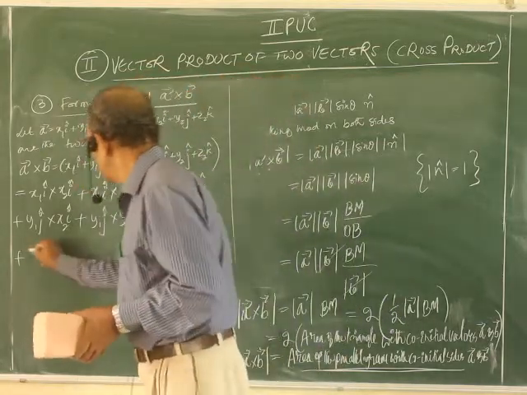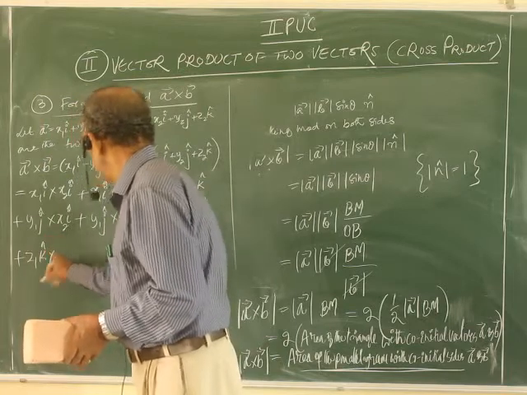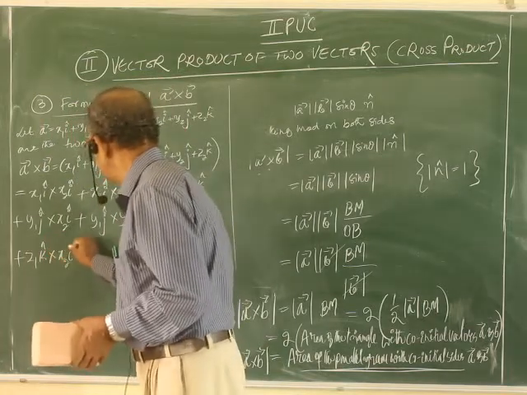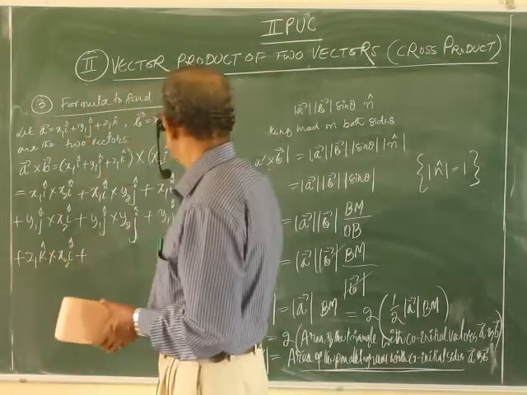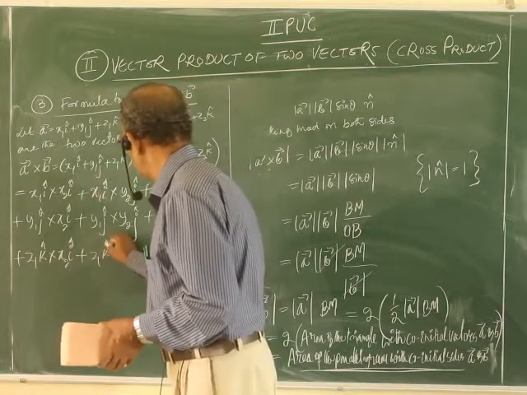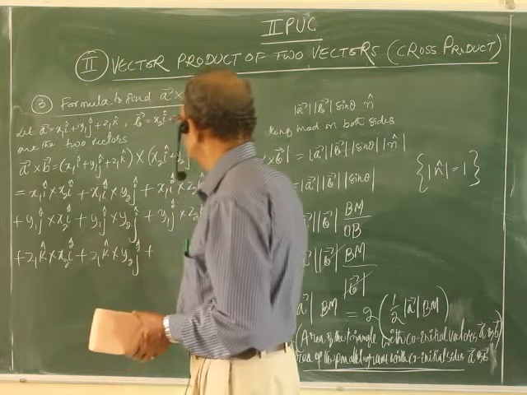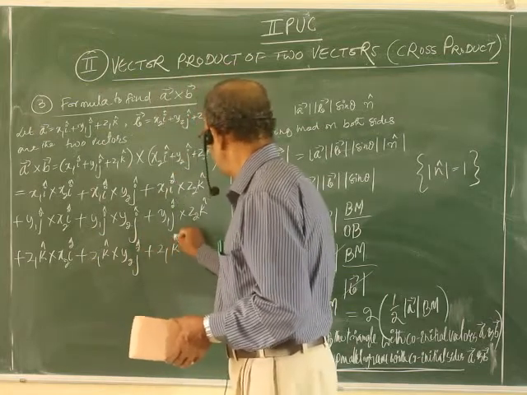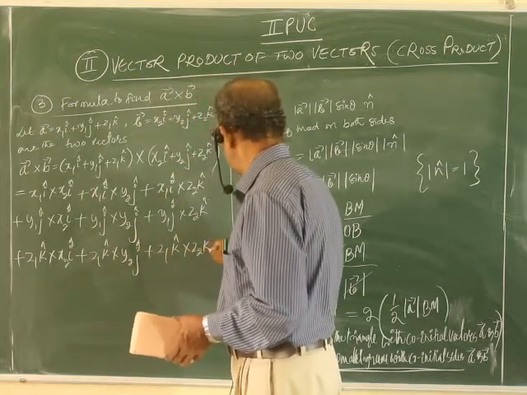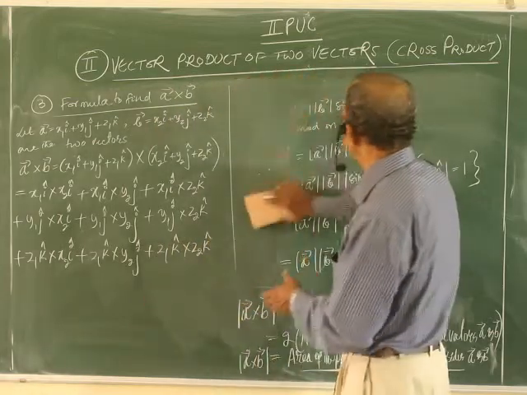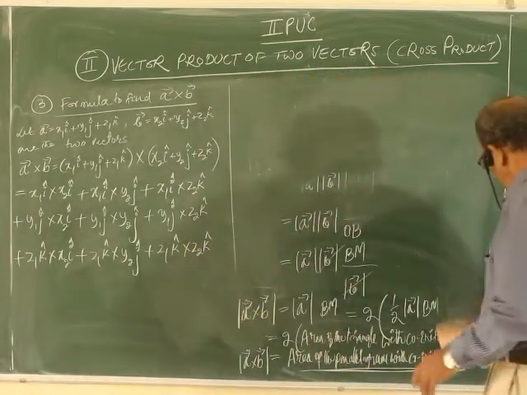Plus, z1k cross x2i, z1k cross y2j, z1k cross z2k, multiplication by all the three terms over.